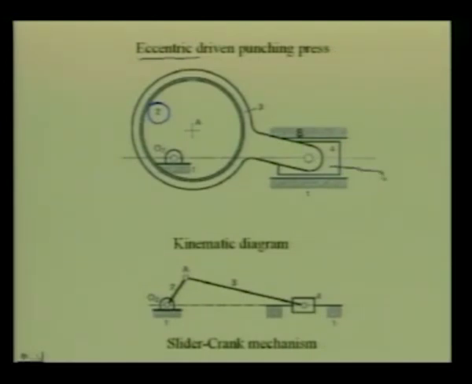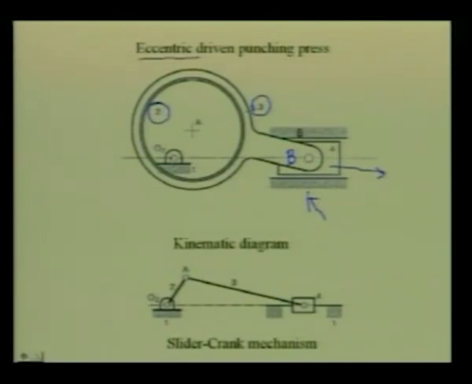This represents the punching tool, and this fixed link 1 represents the frame of the machine. The connecting rod is represented by this rigid body 3. It is easy to identify the prismatic pair between the punching tool and the frame of the machine. There is a revolute pair between the punching tool and the connecting rod at this location.